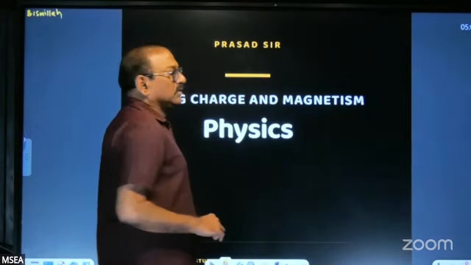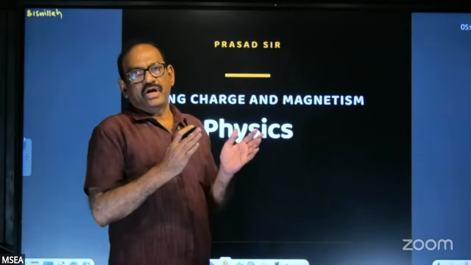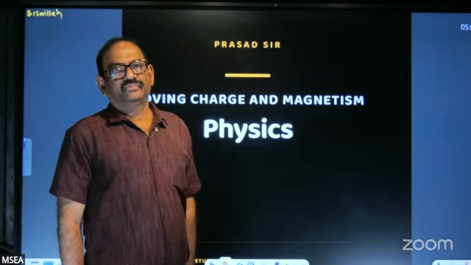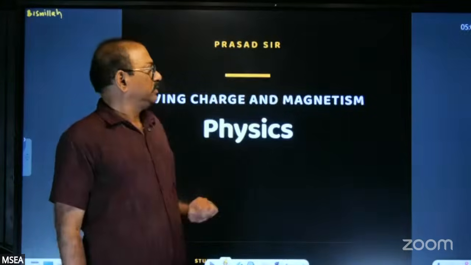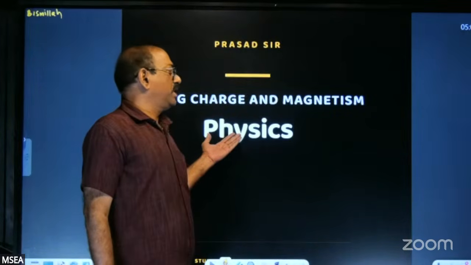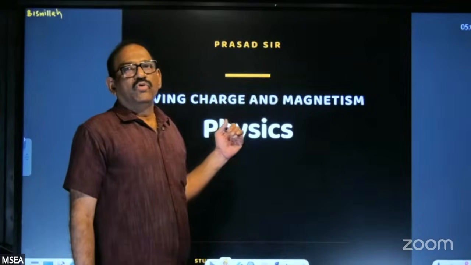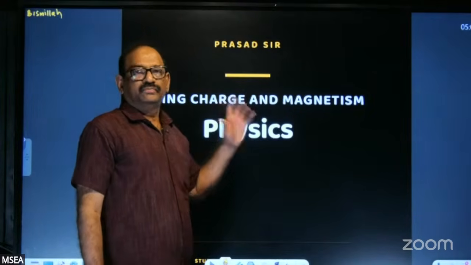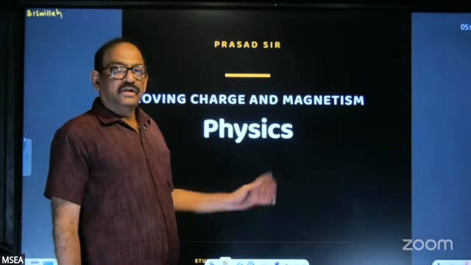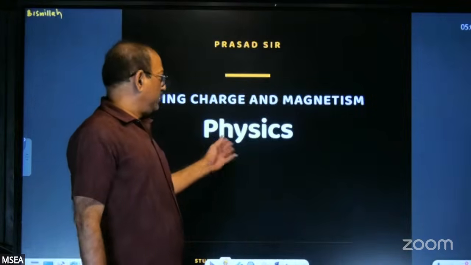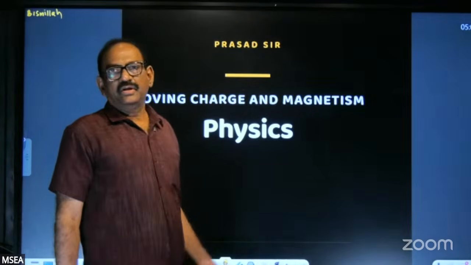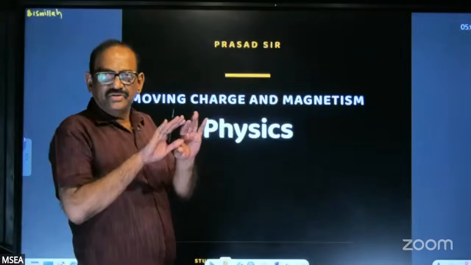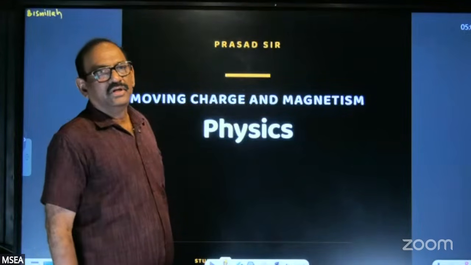First part is magnetic field due to current carrying conductors. Second part is force on moving charge in magnetic field and force on current carrying conductor in magnetic field. And third part, instruments: galvanometer, ammeter, voltmeter. Let us divide into three parts.